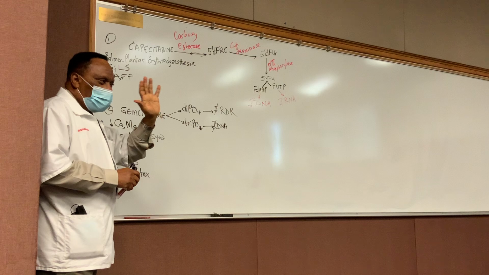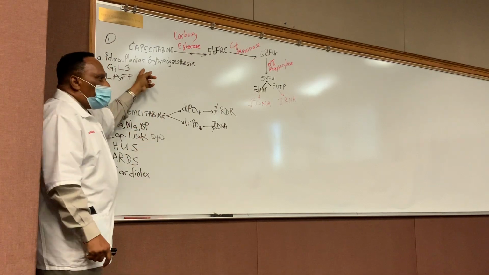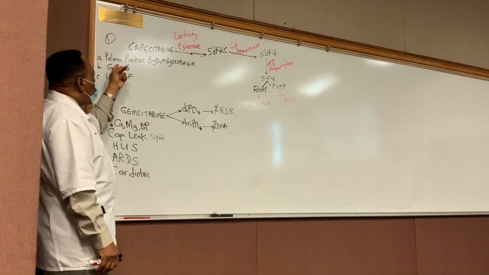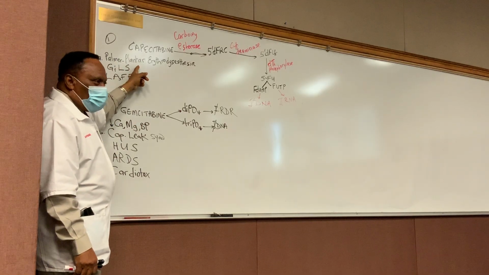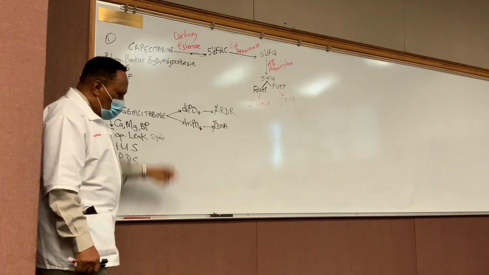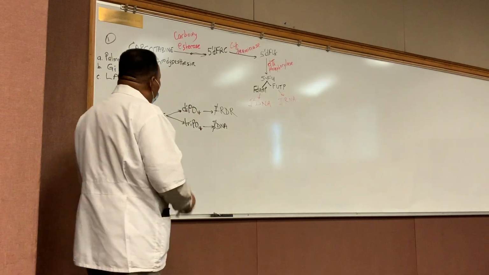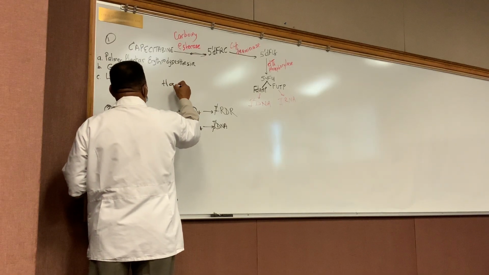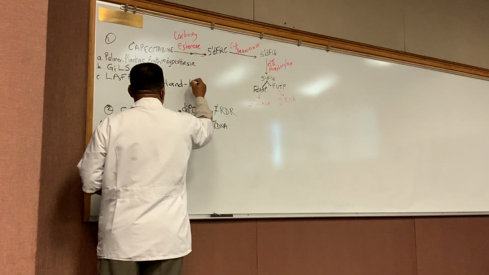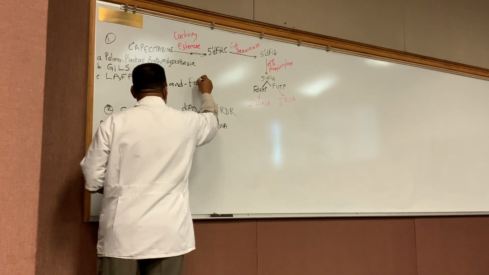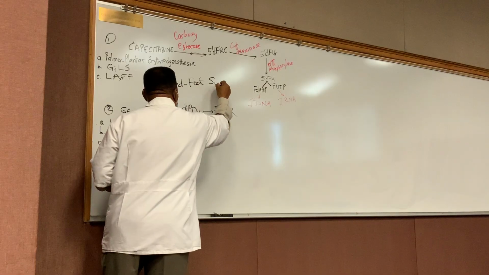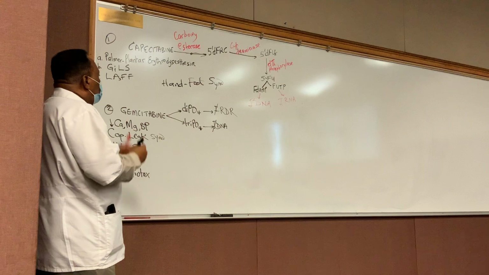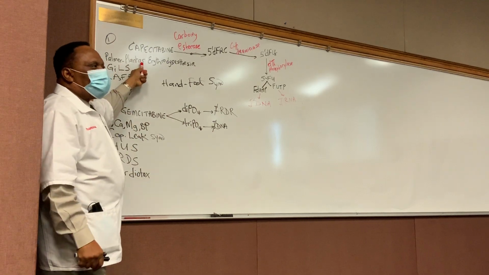Palmar referring to the hand, the palm, plantar referring to the foot or leg, so it's called hand and foot syndrome. That's how they refer to it sometimes. So that is a distinguishing adverse effect of that drug.